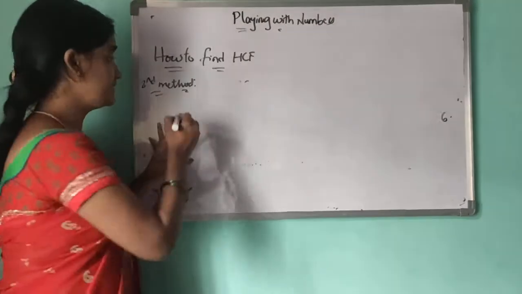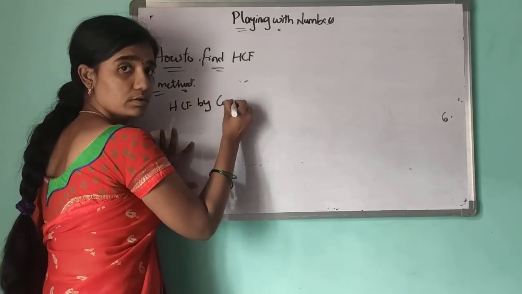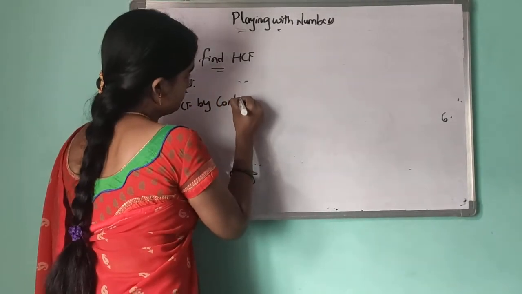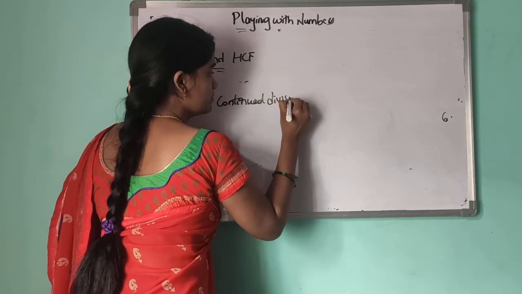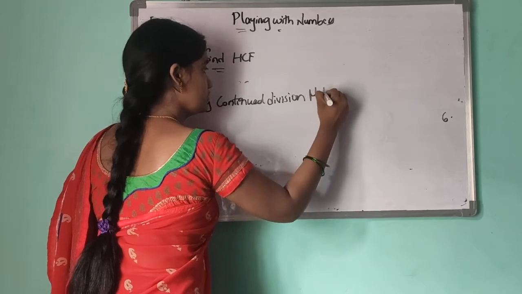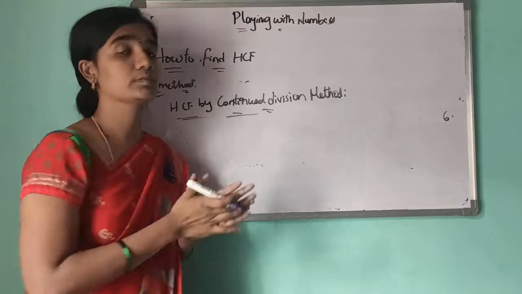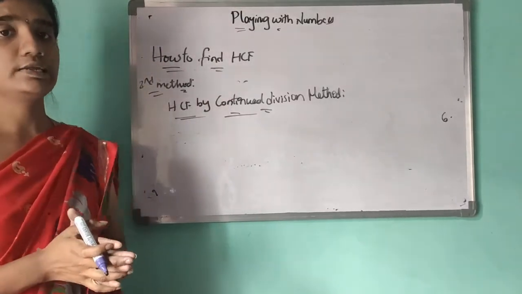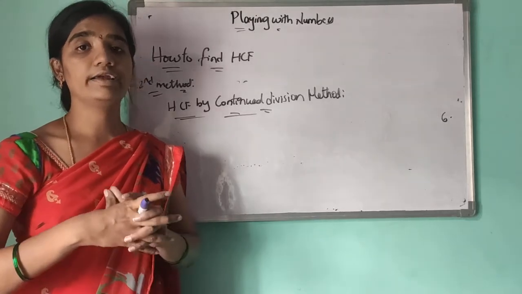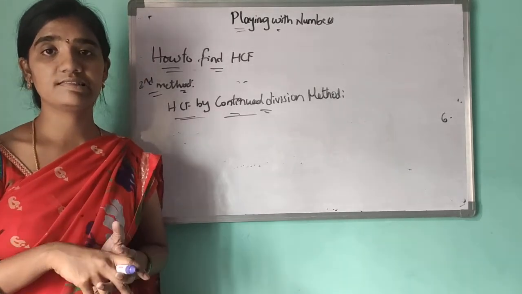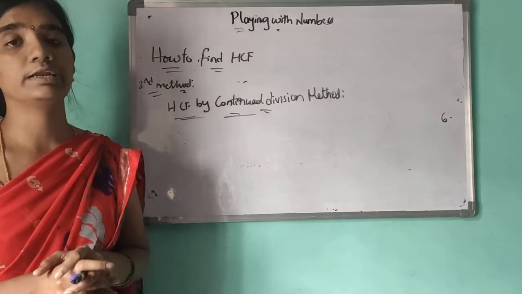Second method: HCF by the continued division method. In this, the larger number is divided by the smaller, and then the previous divisor is divided by the remainder, until the remainder is 0.